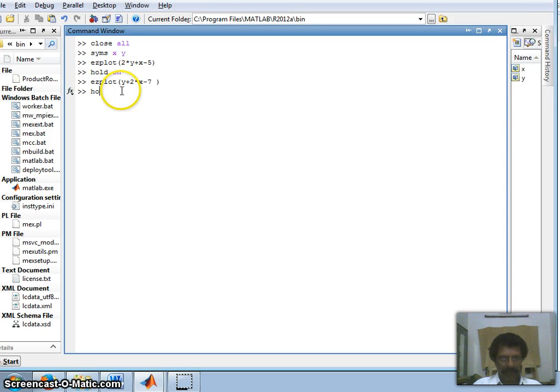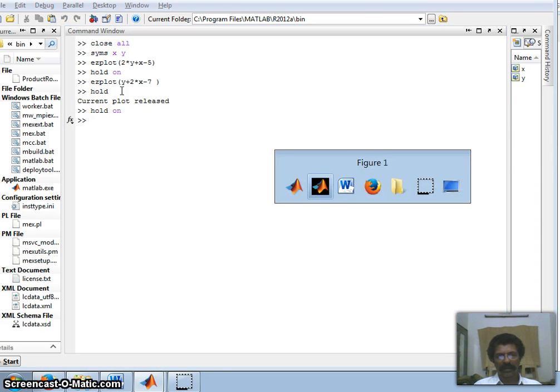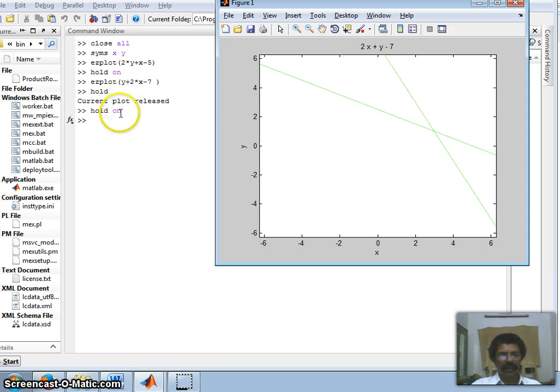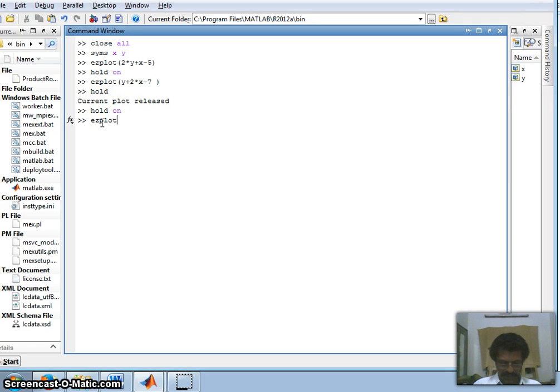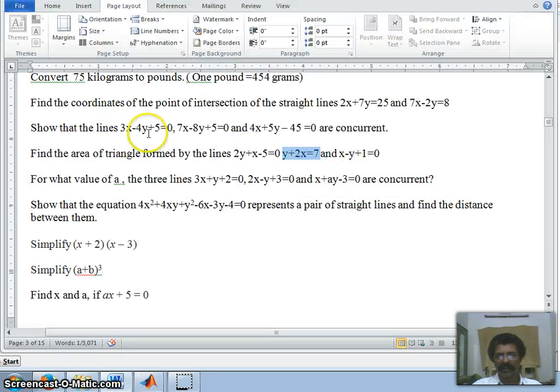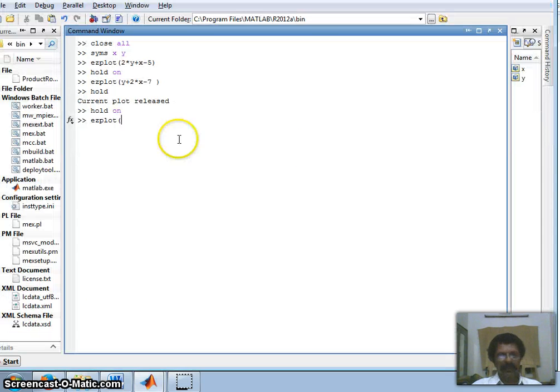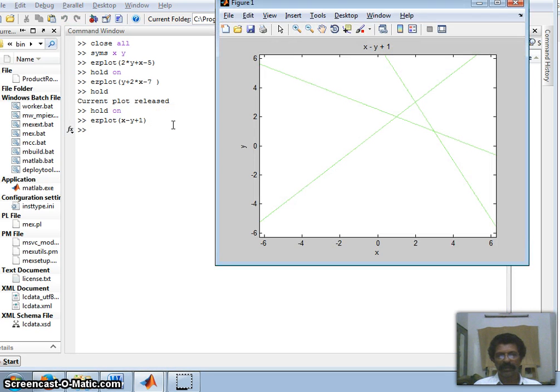This also I keep as such, I should have done hold on. Alright. Then the third equation is a plot. The third equation is x minus y plus 1. So I get the third equation.